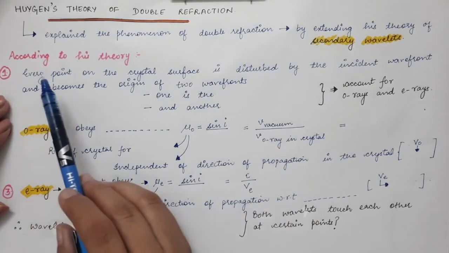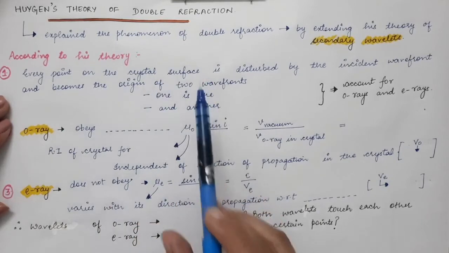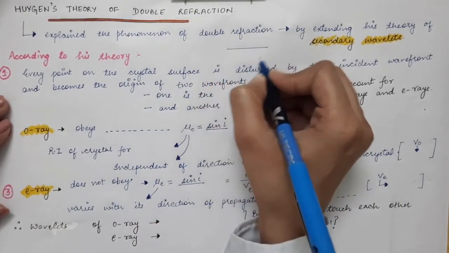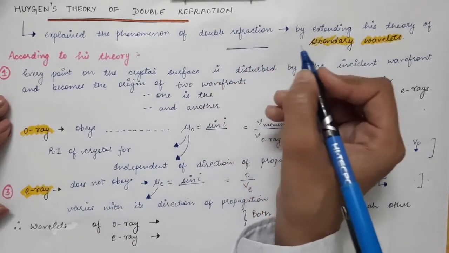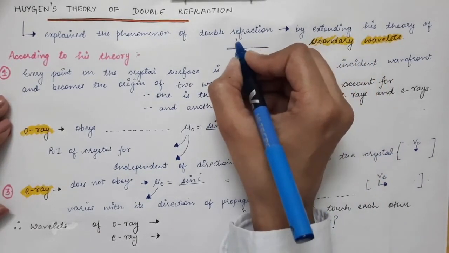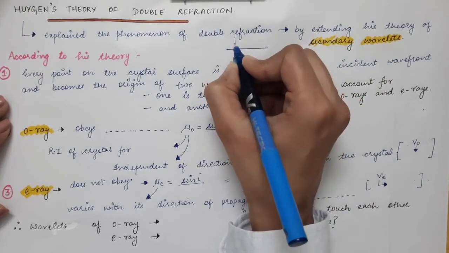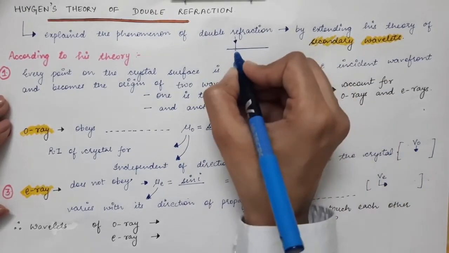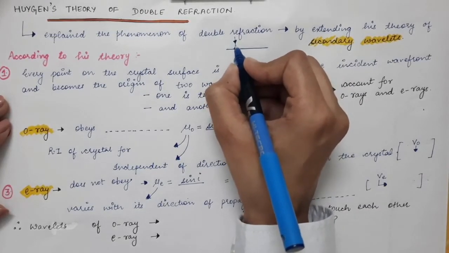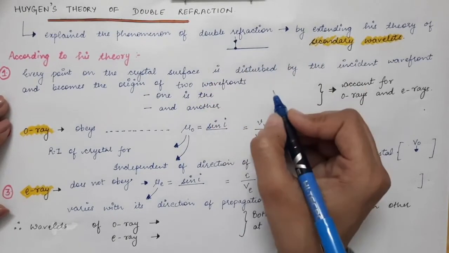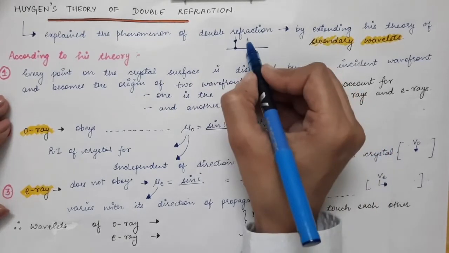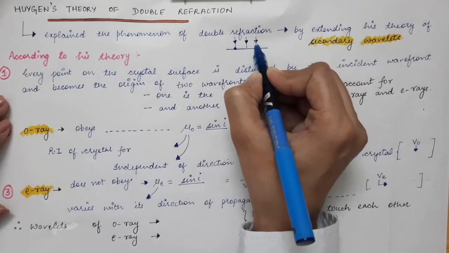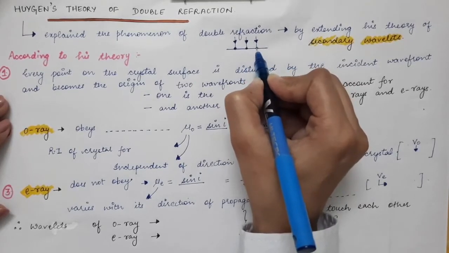The first point is that every point on the crystal surface. Let's say you have some crystal over here, and this is the crystal surface. Now let's say some light ray is falling on this crystal surface. This is the point where the light ray touches the crystal surface. Now there will be so many light rays falling on the crystal surface.